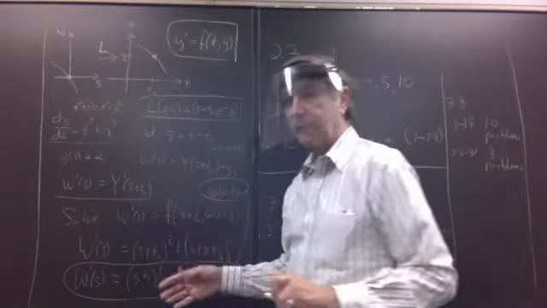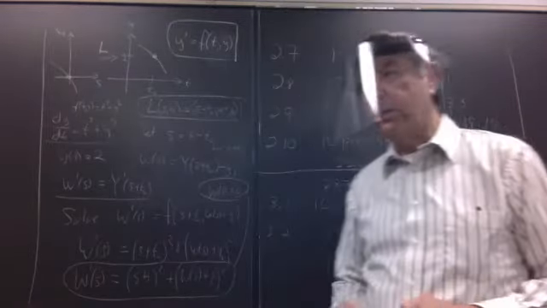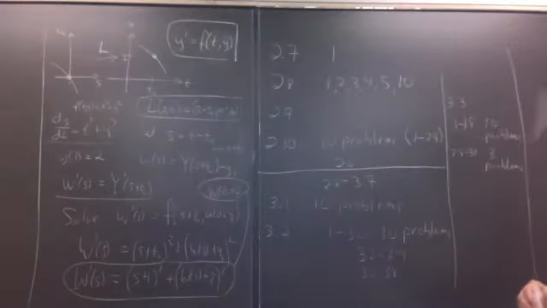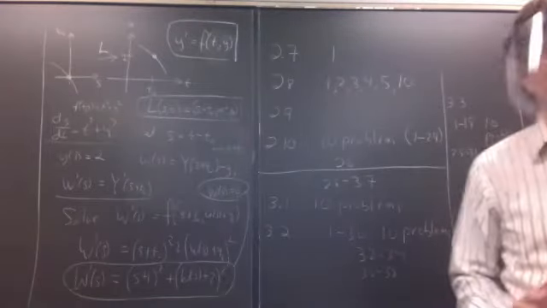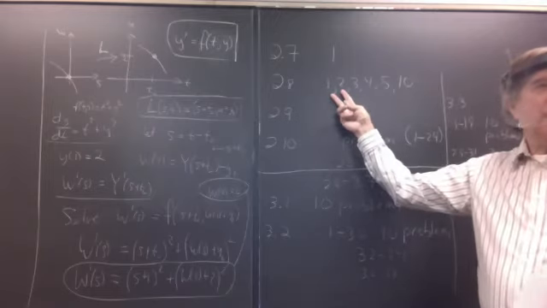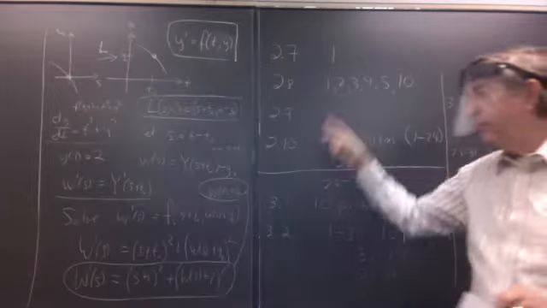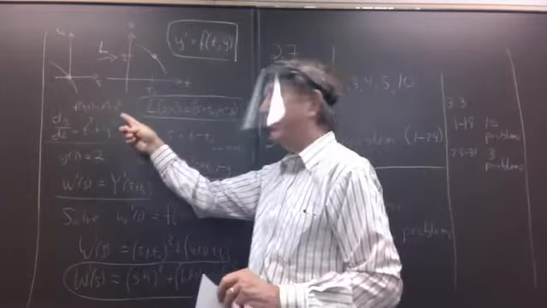But if you copy this down, or if you read it off the board later when you watch the video, this is what you do in problems 1 and 2. One of the things I wanted you to do is problems 1 and 2. These problems take about a minute apiece once you see how to do it. Basically, you start out with t squared plus y squared.